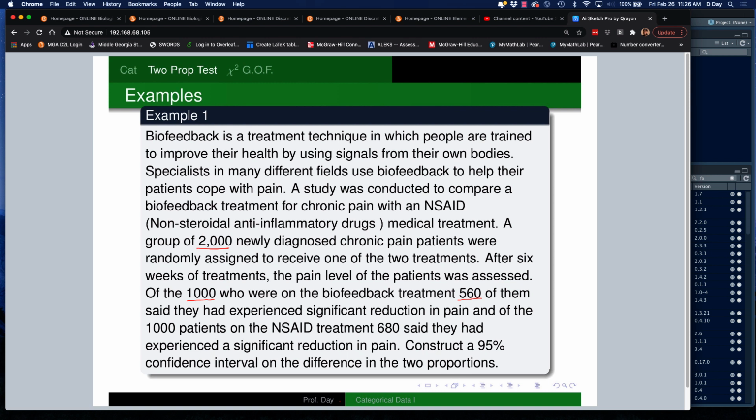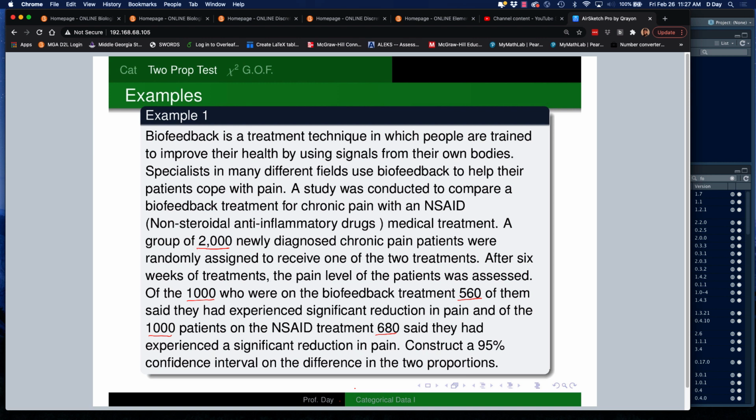And of the 1,000 patients who had taken the NSAID treatment, 680 said they had experienced a significant reduction in pain. We want to construct a 95% confidence interval on the difference in the two proportions. That's what we're trying to do here.